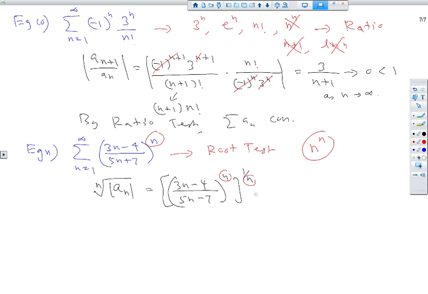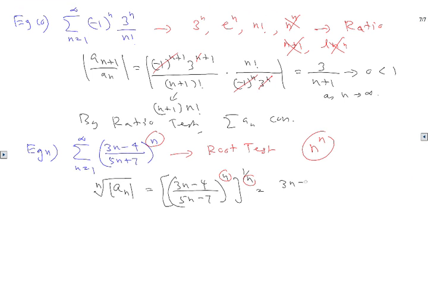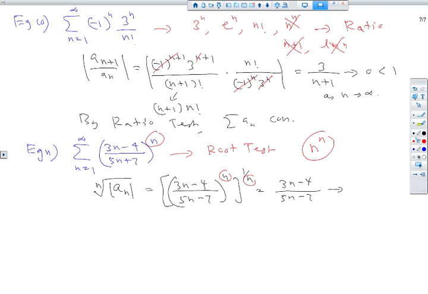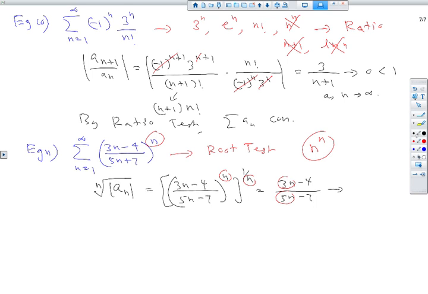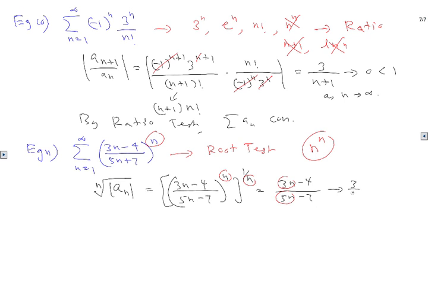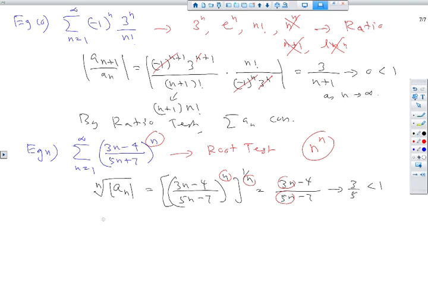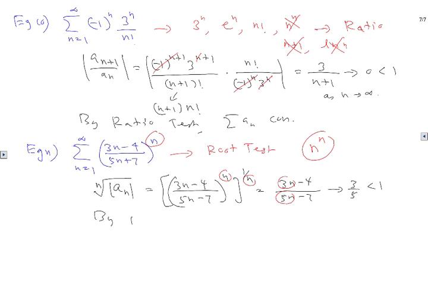So you simply end up with (3n minus 4) over (5n plus 7), which goes to the dominating terms, 3n and 5n. Once you divide the two, you get 3/5, which is less than 1. That means converge. So by the root test, the original series is going to converge.